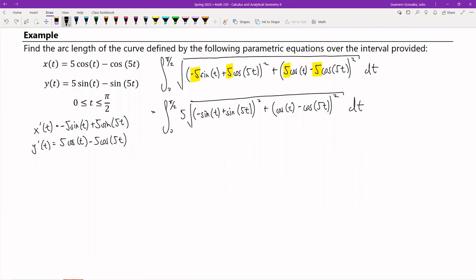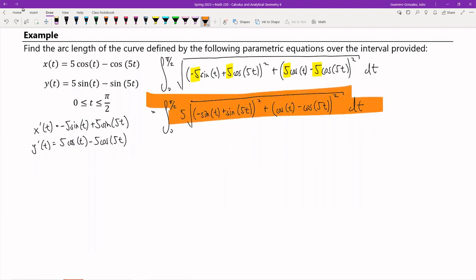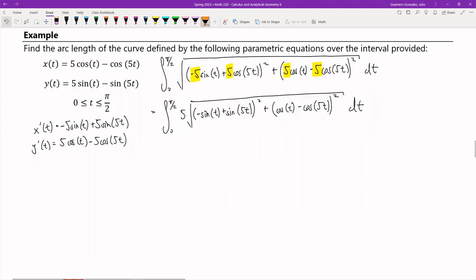Okay. Here comes the train. Watch this. I'm now going to expand all of this, this whole entire square root. Write it out. Integral from 0 to pi over 2, 5 times the square root.